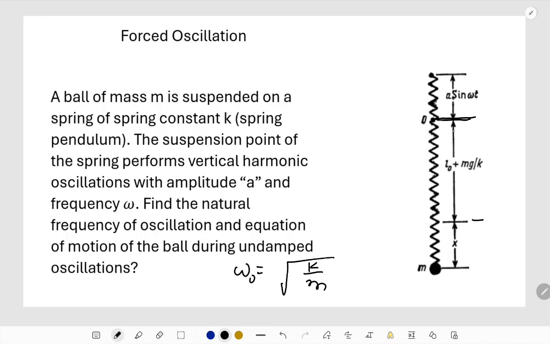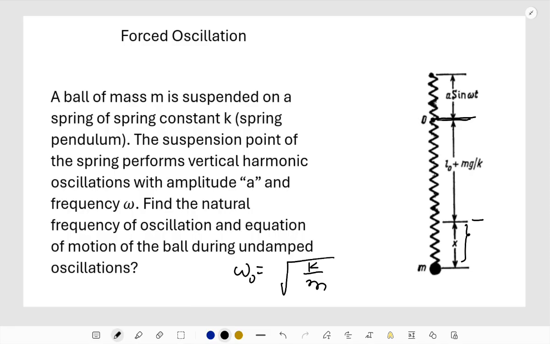This is the length of the spring in this direction from the point of suspension, and this is the extension of the spring. That means you have to find x as a function of time in this problem. From the equilibrium position, the ball has been displaced by length x and it's downward.